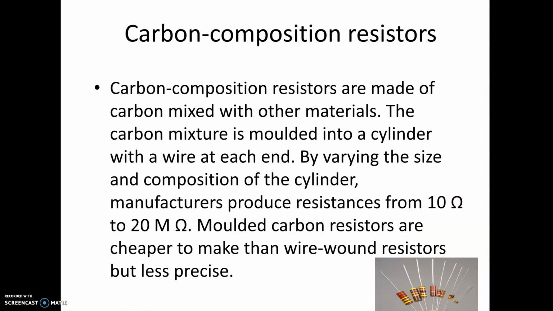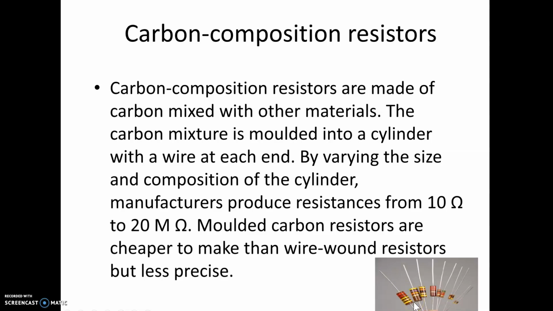Carbon composition resistors are made up of a mixture of carbon and other materials. The carbon mixture is molded into a cylinder right here, like so, with a wire at either end.